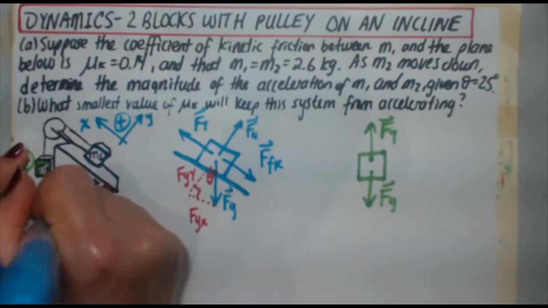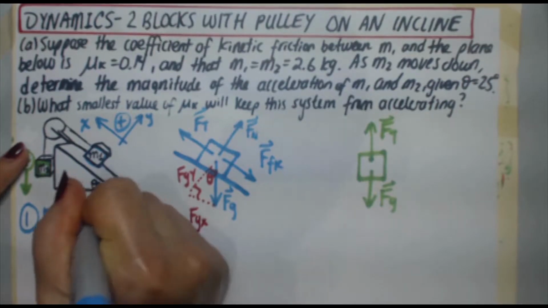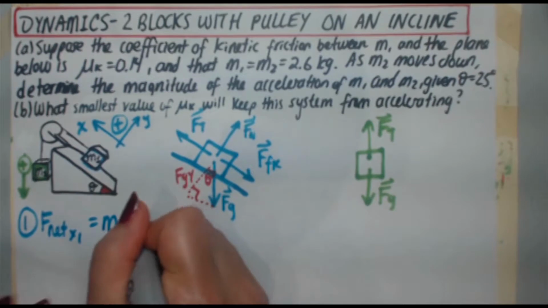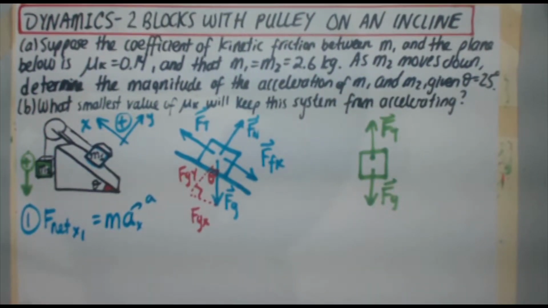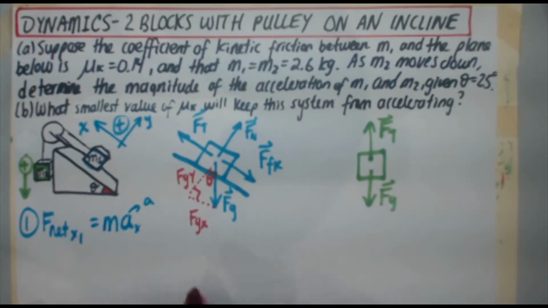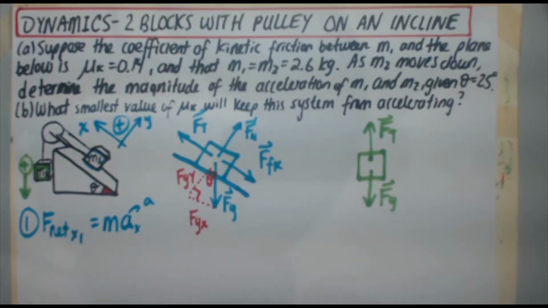Okay, so starting off, Newton's second law, I'm going to say F net x1 equals ma. Okay, and this acceleration is going to be in the x direction, but we can just call that a. Okay, so the net force for this and the x. Now, you see here how I broke up FGY and FGX from FG. Make sure you understand what direction those forces are going in.